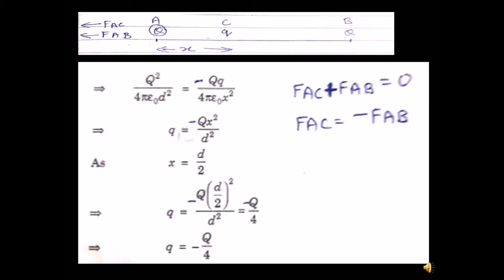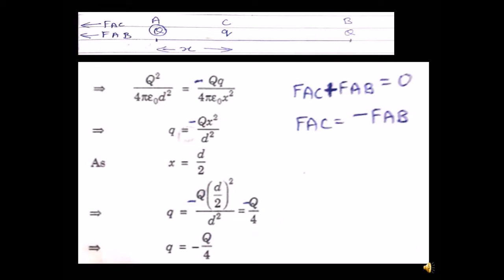Now we will be utilizing the second condition of the question. It was written in the question that all the charges are in equilibrium. In the previous sheet we considered small q in equilibrium. Now in this sheet we will consider capital Q at A in equilibrium. So now our charge under consideration is capital Q at A.